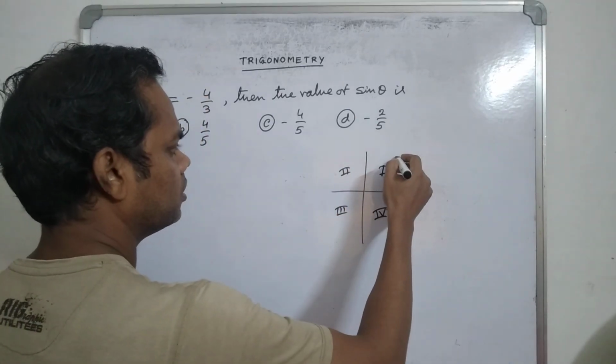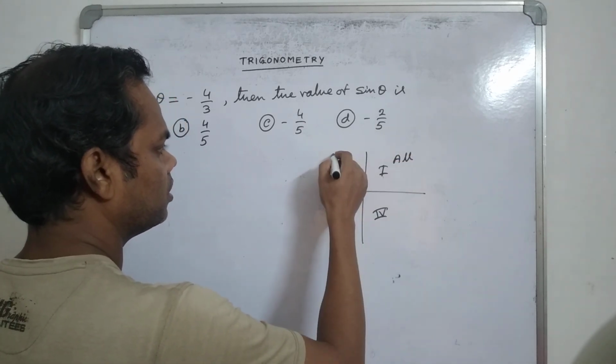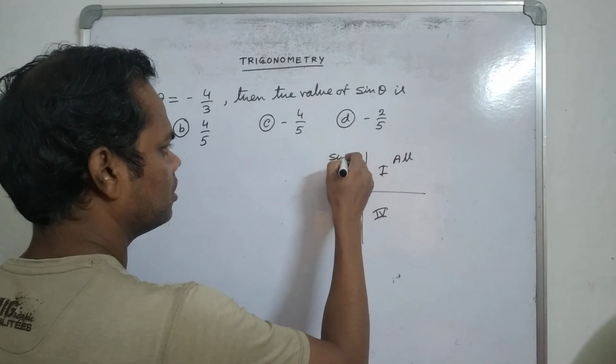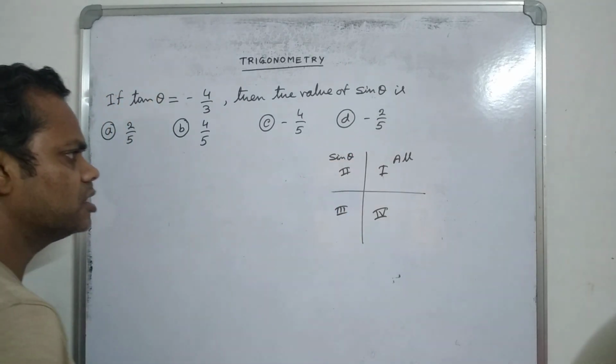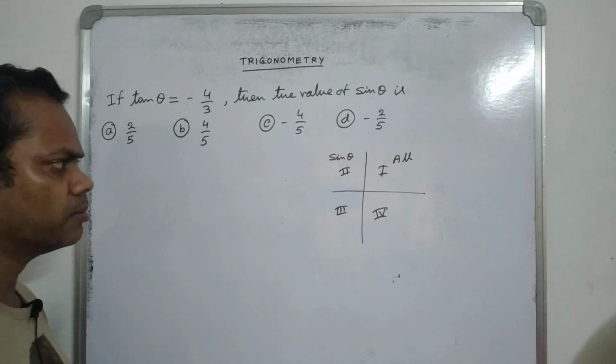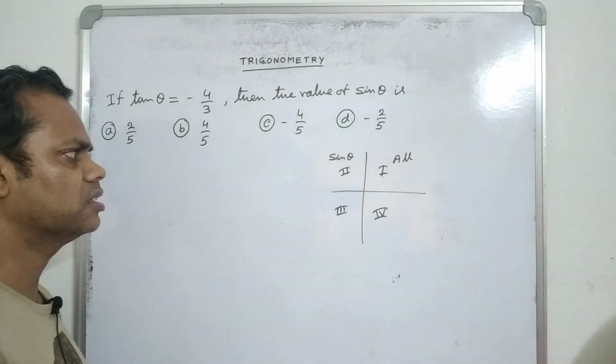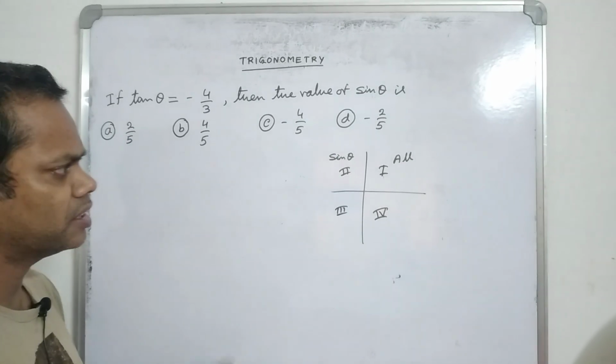In the first quadrant all are positive, in the second quadrant only sin theta is positive.